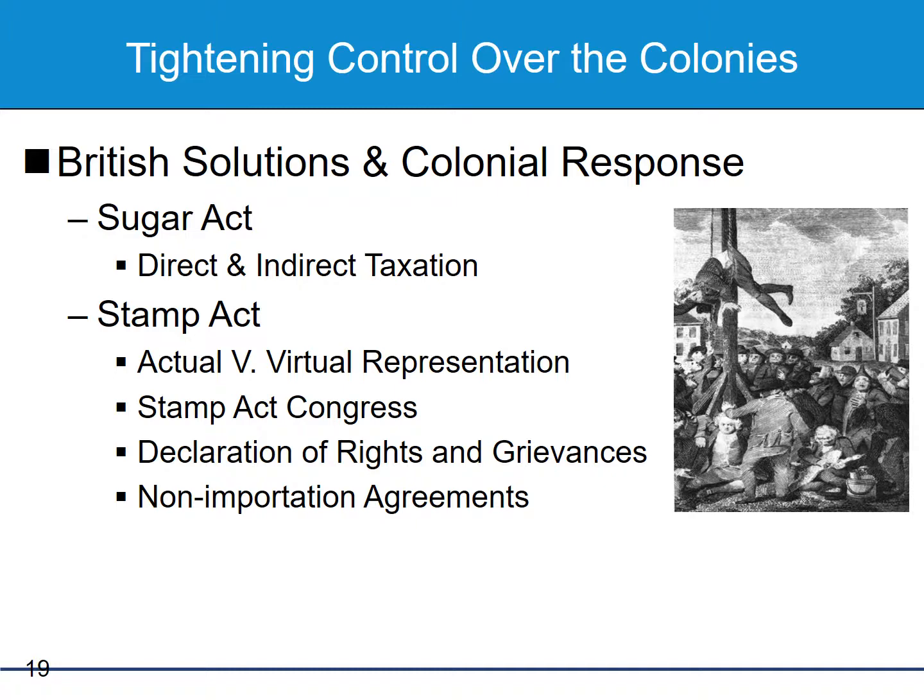People they knew, people they had actually elected to serve in their colonial legislature. They didn't get to vote for who was in Parliament. They didn't get to send an actual person from Virginia to Parliament to sit there and talk about how these taxes would impact the colonists.